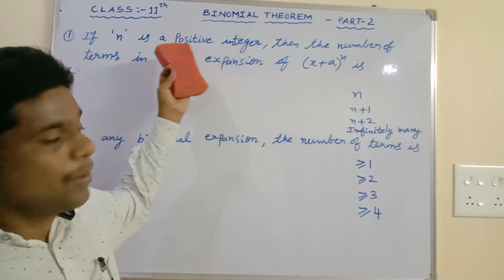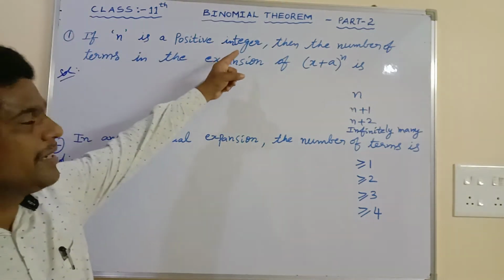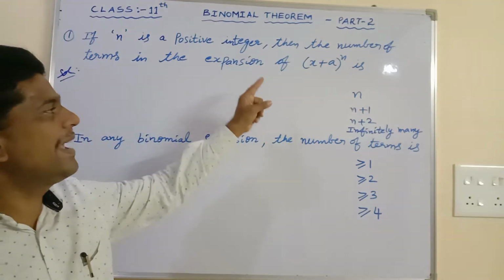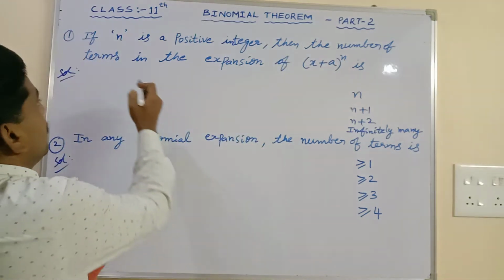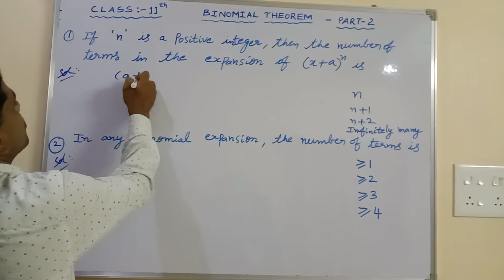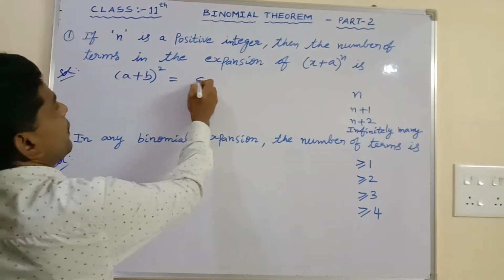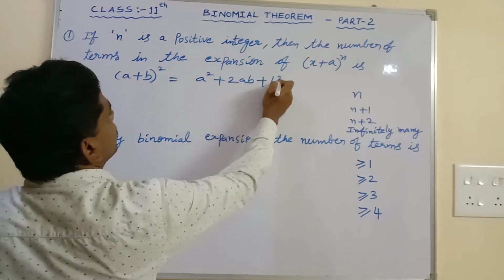So here, first question is, if n is a positive integer, then the number of terms in the expansion of x plus a whole power n. Let us take a plus b whole square equal to a square plus 2ab plus b square.